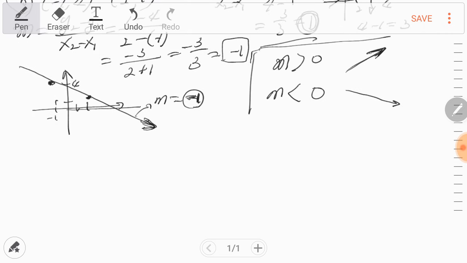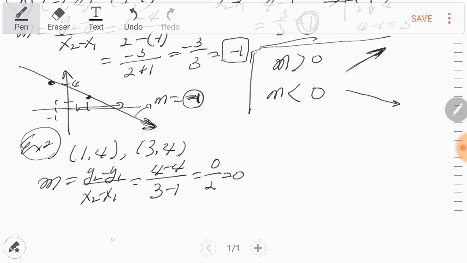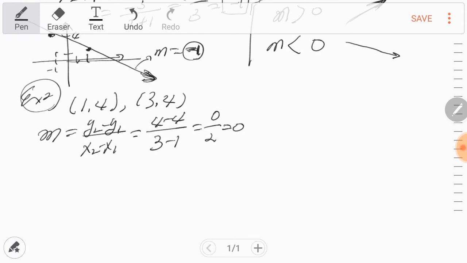Let's try another example. This example 2: what is the slope of these 2 points? The slope is y2 minus y1, rise, over x2 minus x1, run. So 4 minus 4 over 3 minus 1, 0 over 2 is 0. So the slope is 0. If you plot these points, x equals 1, then y is 4, x equals 3, then y is also 4.